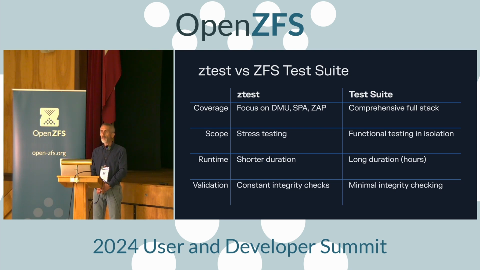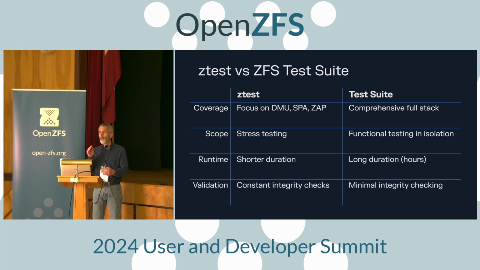And the runtime is, by default, 5 minutes. You typically run it in short bursts. You can run it longer. The longer you run it, the greater the odds you're going to eventually find one of the unfixed bugs that are still in ZFS.